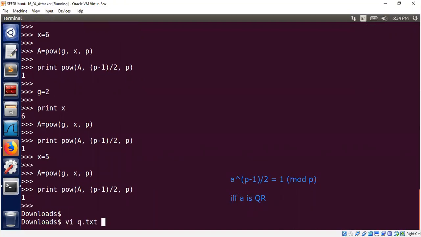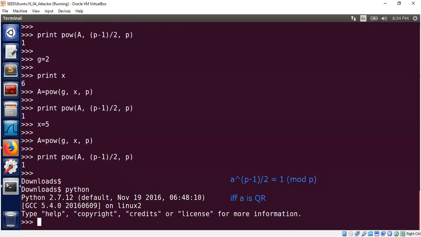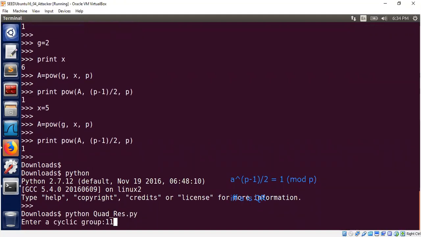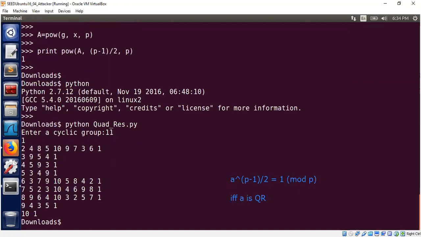What I am actually trying to say is that we can take the simple cyclic group with a small number, and we can just look at the generators of this group. Okay, as I said, the entire group is generated by numbers like 2, 6, 7, 8, but we are interested in a subgroup of order 5, right? 11 is 2 times 5 plus 1, and the subgroup is generated by the numbers 4, 9, 5, 3.